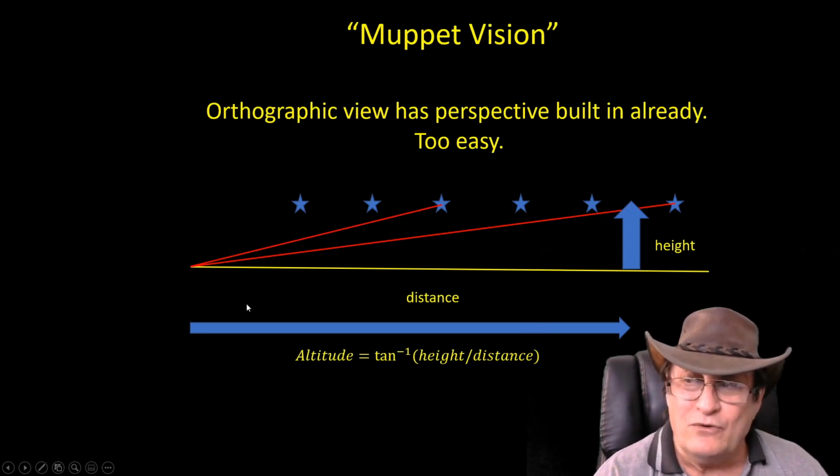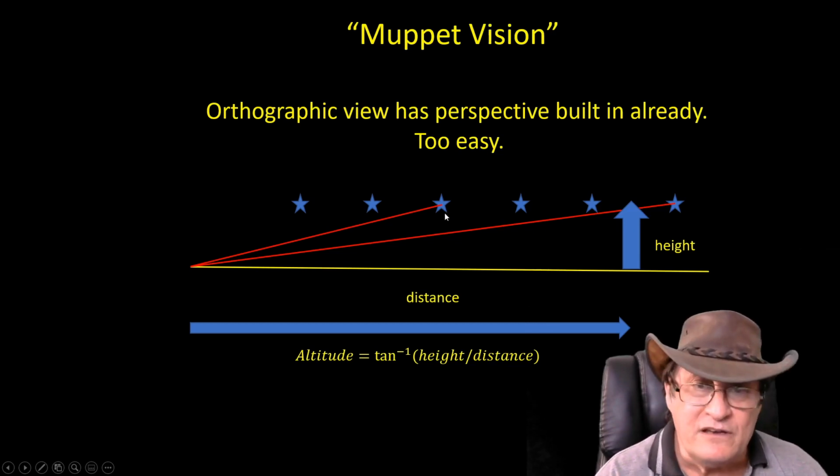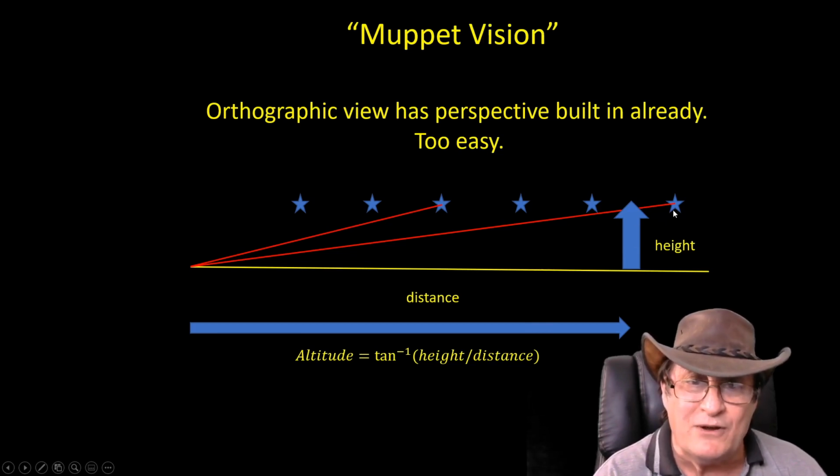Yet when you look from over here and you sight that last star, it will appear lower in the sky than that third star because you're looking lower. And so that's how perspective works. You don't have to draw these stars as going down. This line here automatically makes it appear to go down.